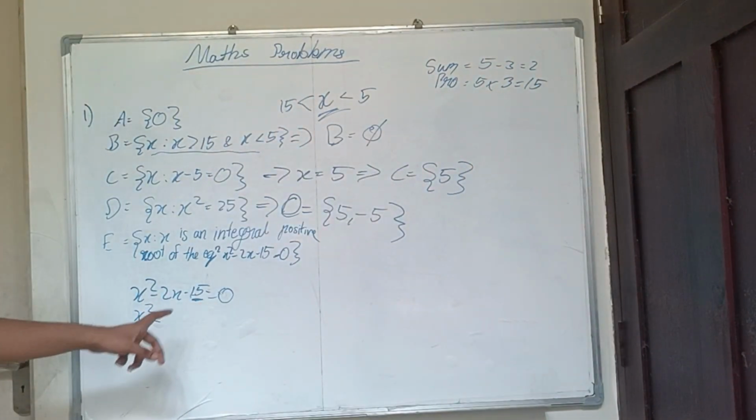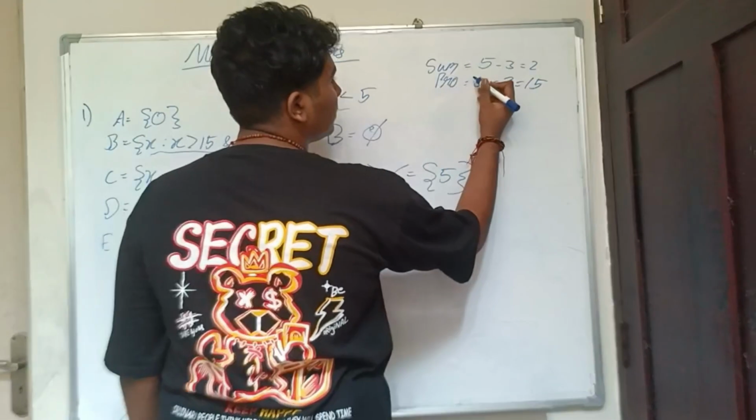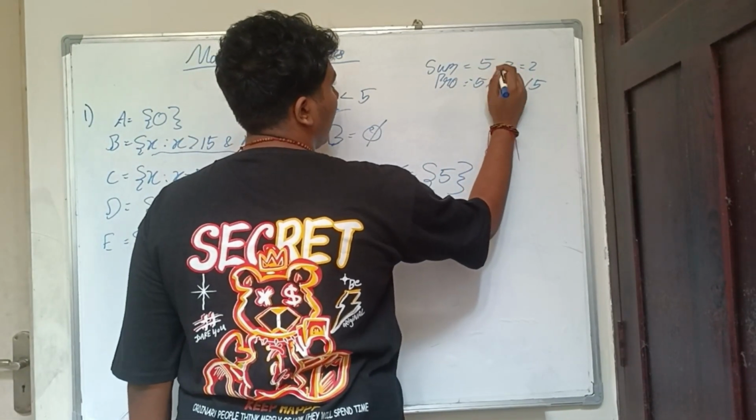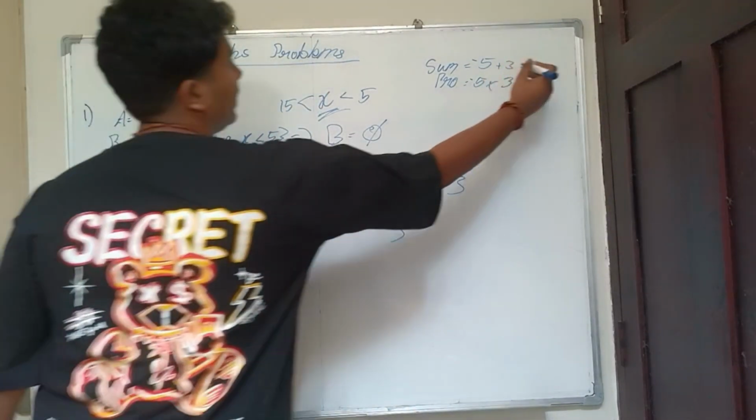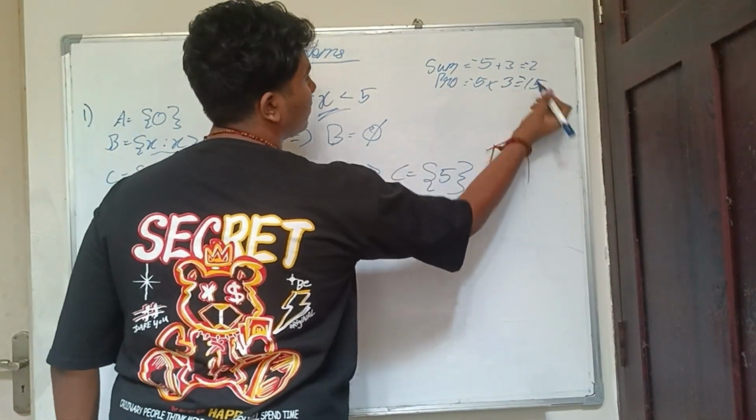But it is given as minus 2 and minus 15. So let's make it minus 5 into 3, and this is minus 5 plus 3. It should give you minus 2, and here minus 15.